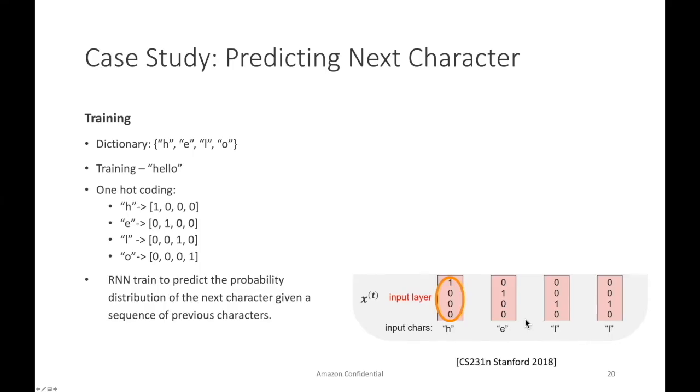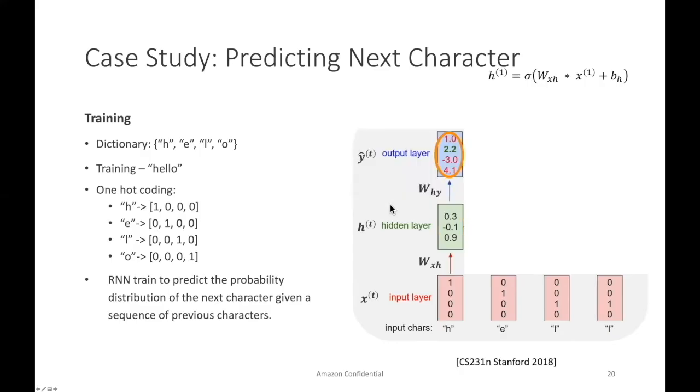Next, we will train the RNN to predict the next character. So it takes in this, it multiplies the first character with the weight Wxh, which is the weight to be multiplied with the input. It produces a hidden state, and with that hidden state it also produces an output by multiplying the hidden state with the Why matrix, and that produces our output. The output is then decoded and we get the next character.